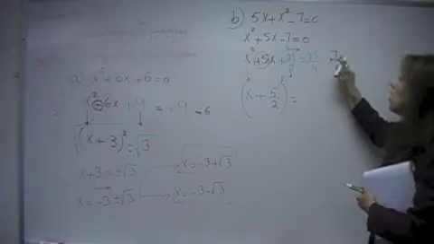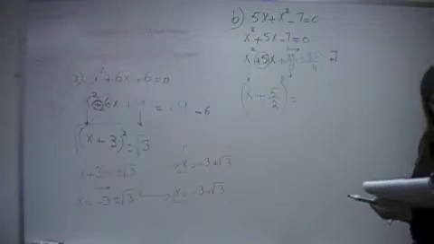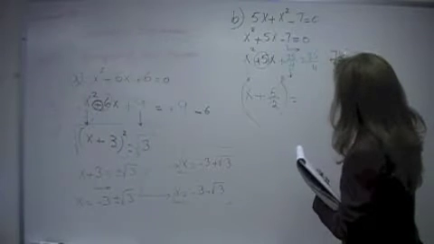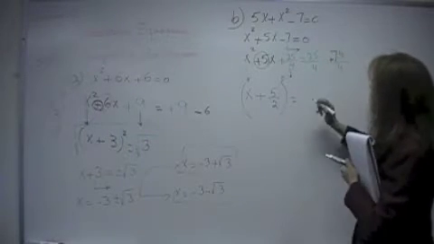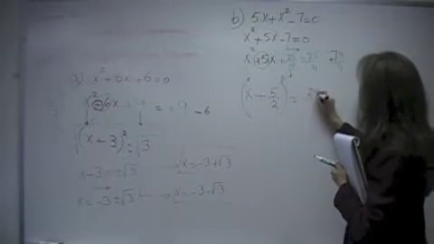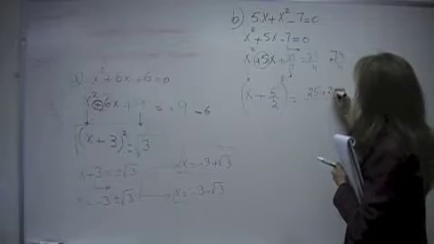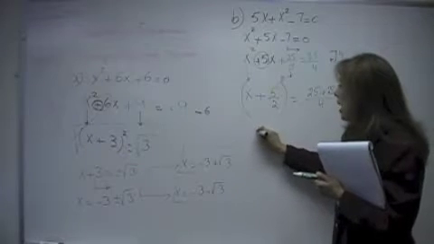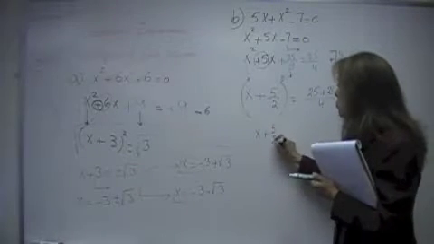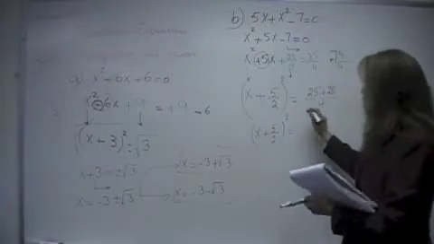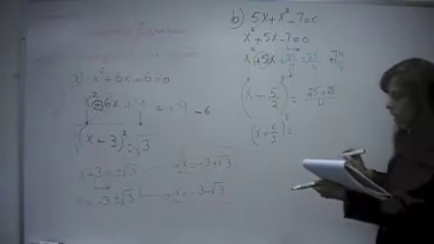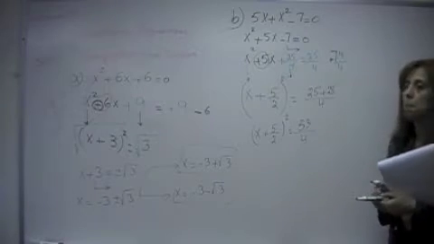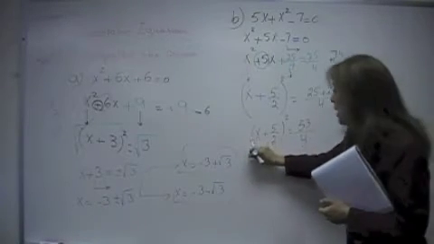Equals. Here I have a fraction and a whole number, so I have to have a common denominator. So I'm going to multiply by 4 over 4, and that will be 25 plus 28 over 4. Simplify. x plus 5 over 2 squared, 25 and 28 is 53 over 4. Square root both sides.